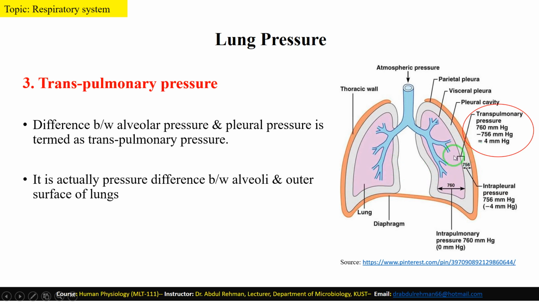Or you can say that it is the pressure difference between the alveoli and the outer surface of the lung. Its normal value is 4 mm Hg because alveolar pressure is 760 mm Hg and pleural pressure is 756 mm Hg, so their difference is 4 mm Hg.